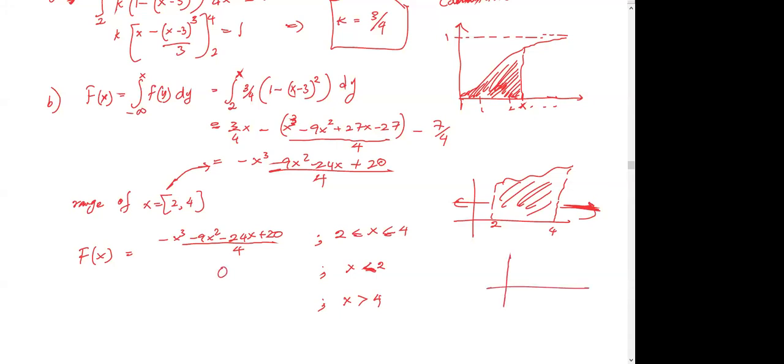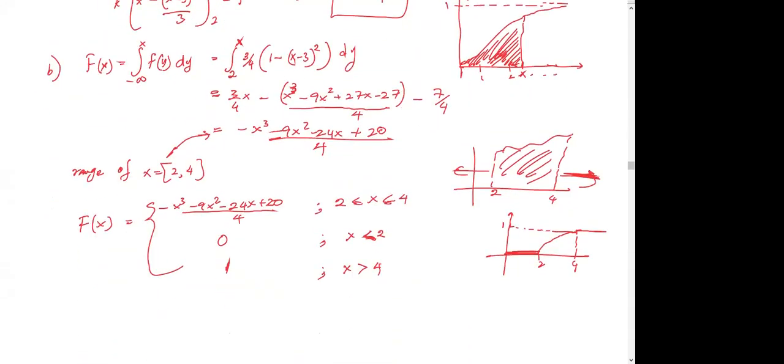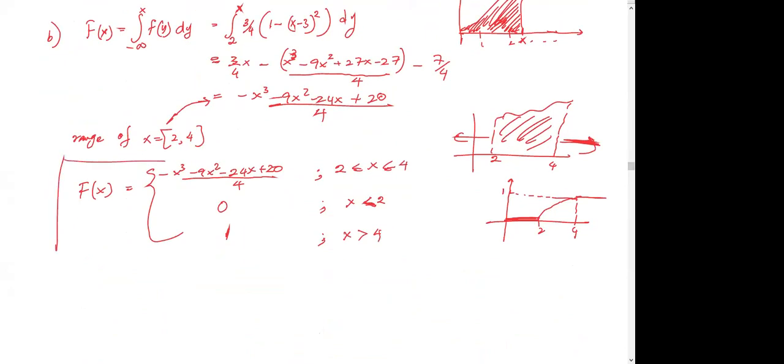It doesn't matter whether less than or equal, since it is continuous. Less than 2 the value is 0, because it starts from 2. And what happens when x is greater than 4? When x equals 4, it reaches its maximum value, which means 1. After that it remains the same, so it is 1. So you can write your cumulative distribution like this. This is the answer.